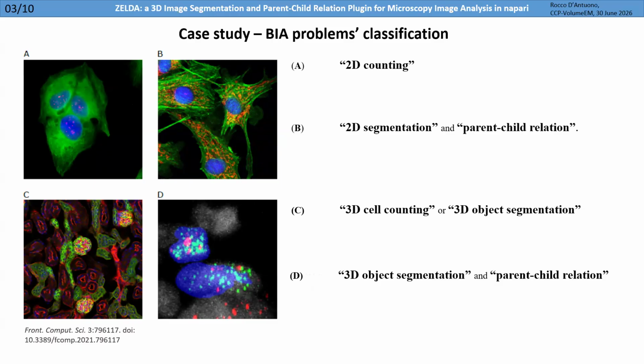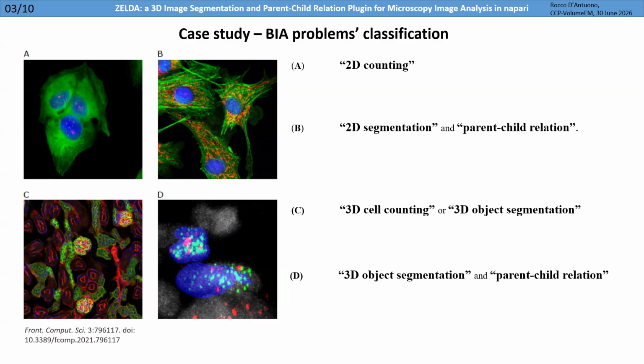For example, in the images you see in panels A and B, one question could be segmenting cells and counting, for example, how many mitochondria there are inside each cell, and eventually also measuring the size of those organelles. In 3D, the same thing happens. One could have images where the nucleus is stained with DAPI, and then there might be spots that have to be counted.